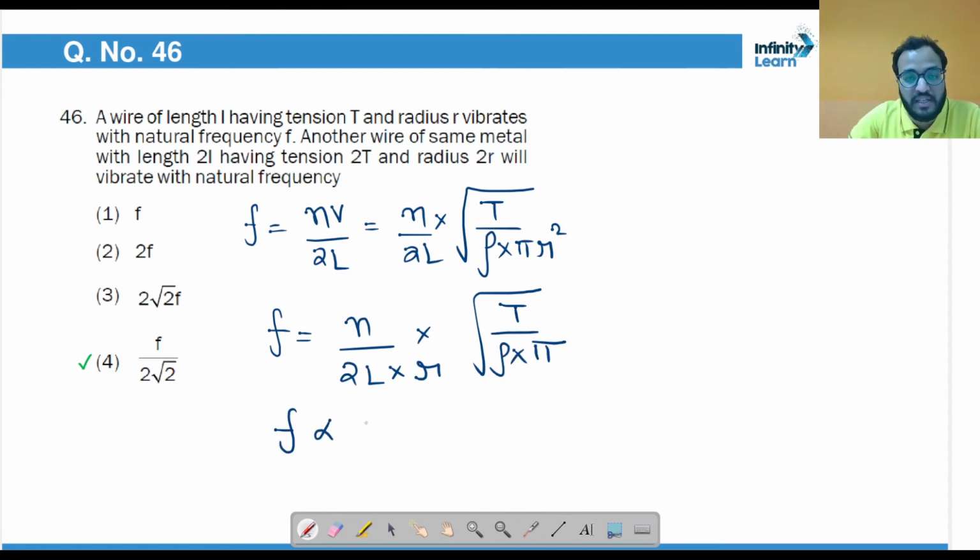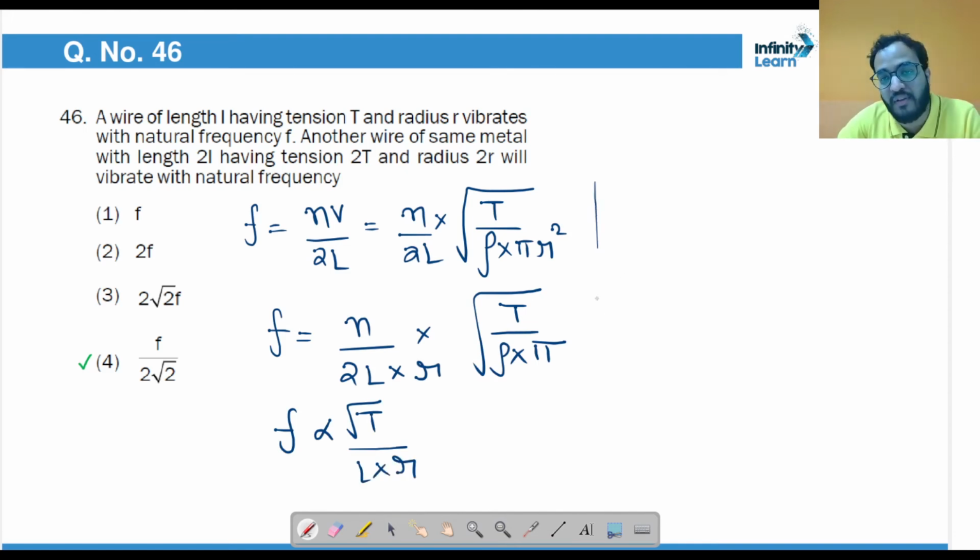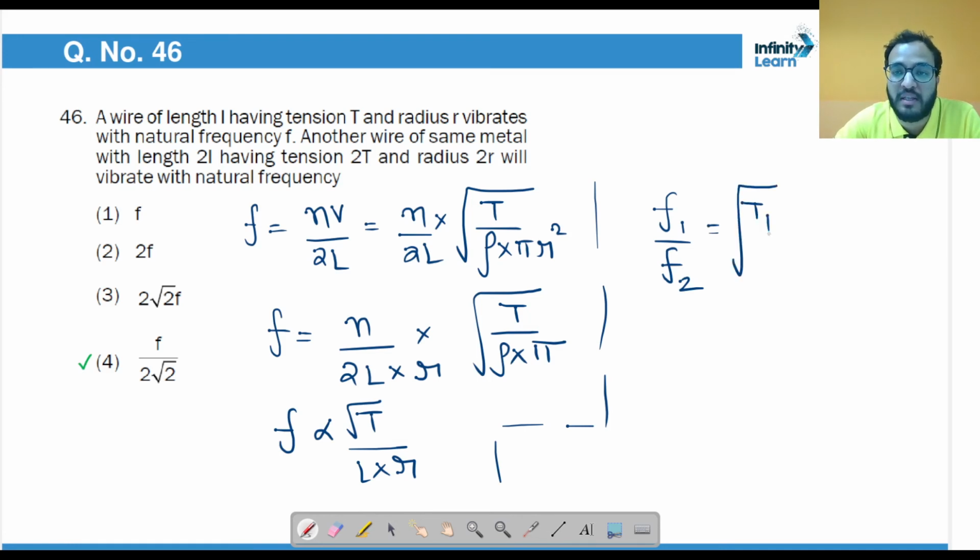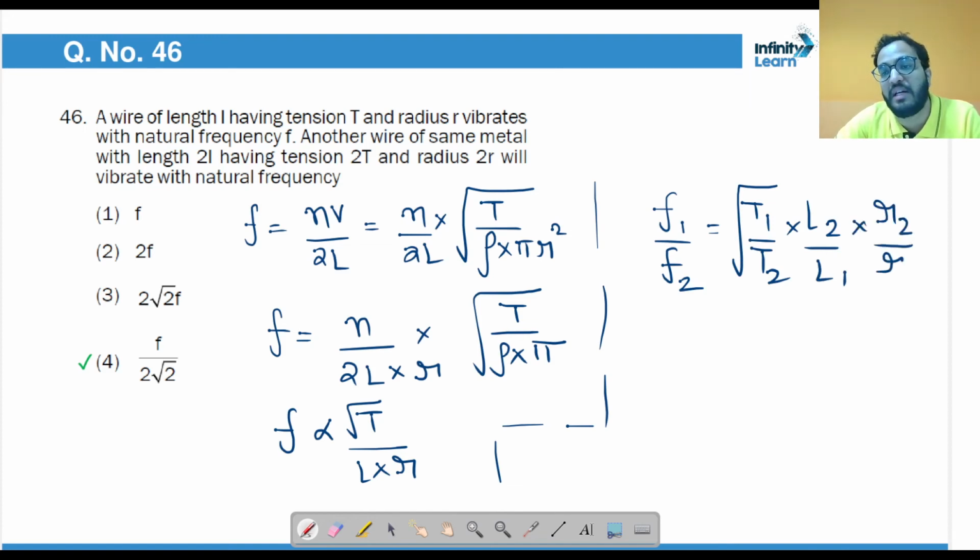So frequency is directly proportional to root T upon length into radius. Okay. So whatever changes they have done, do it accordingly. You will get your answer. So you will say F1 by F2 will be equal to root over T1 by T2 into L2 by L1 into R2 by R1. Got it? Now whatever ratio they have given you, put it there and get your answer. Done?